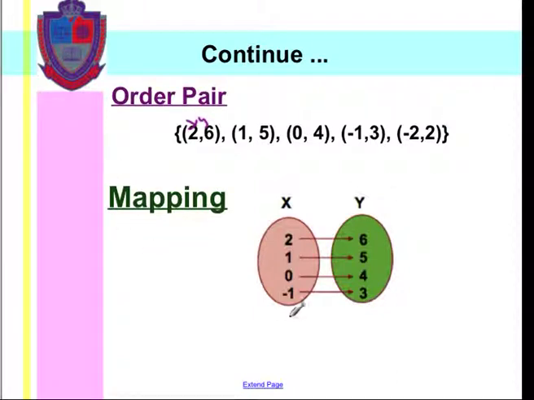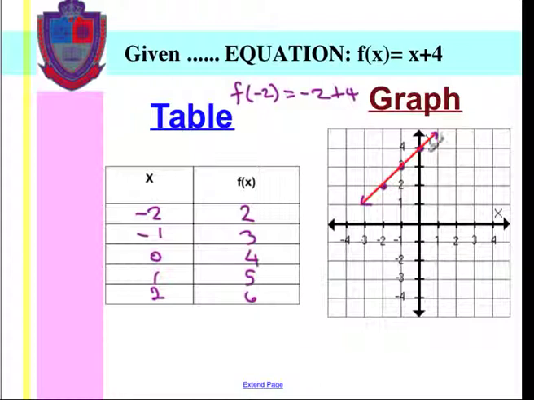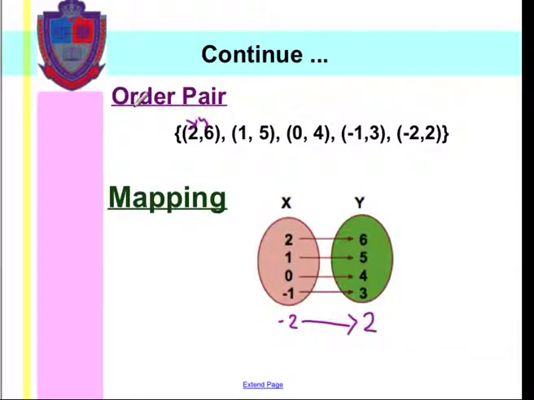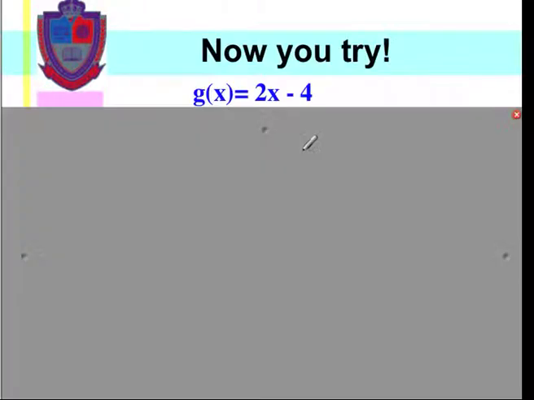If I just wanted to add another one, it will be -2 goes to 2. So that's the 5 ways. So I have my equation, I have my table representing that equation, I have a graph, I have my ordered pairs, and my mapping. So I want you to pause the video, you try.